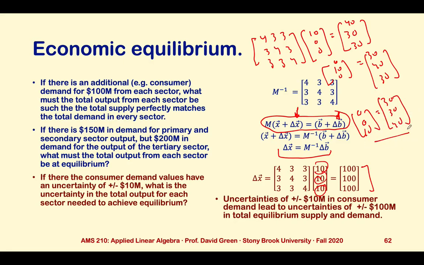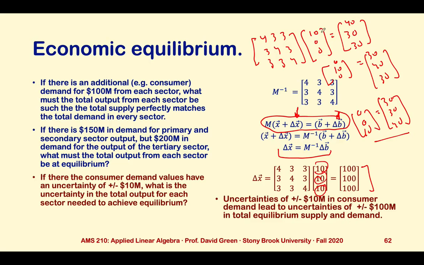And if we add these up, 40 plus 30 plus 30 is 100, 30 plus 40 plus 30 is 100, and so on. What this tells us is actually a breakdown of where this 100 uncertainty comes from.